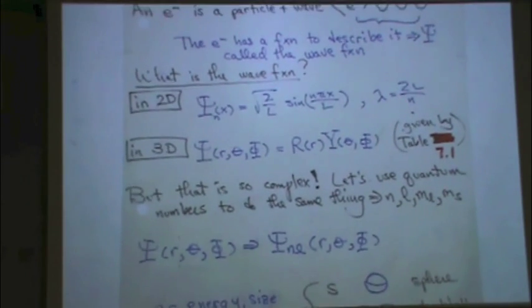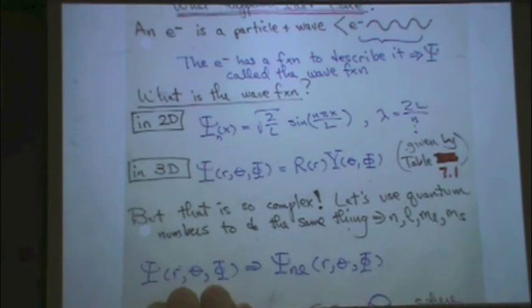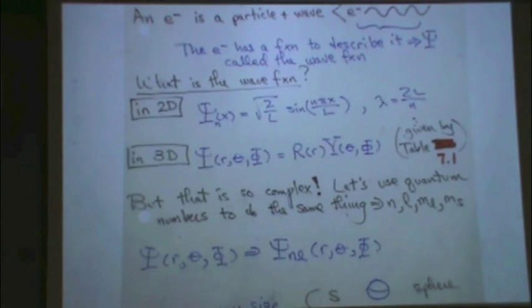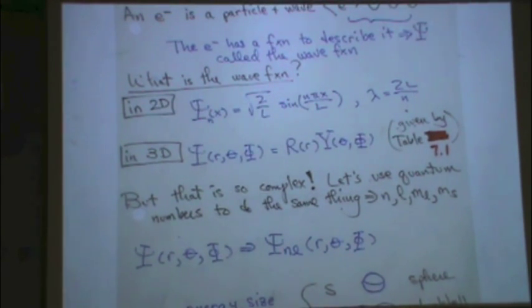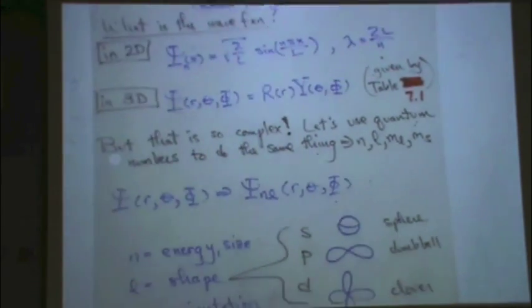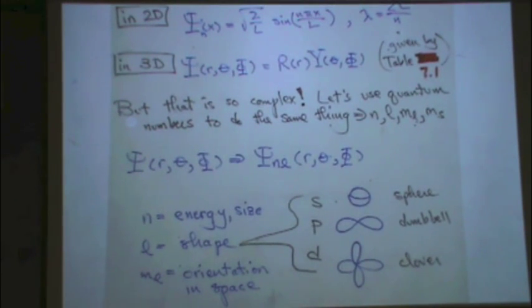It turns out, as these equations are derived, especially the 3D one, that psi of r, theta, and phi is really psi of n l. nl would be like 1s or 5s or 3dx or 3dxy or 4pz, anything like that.